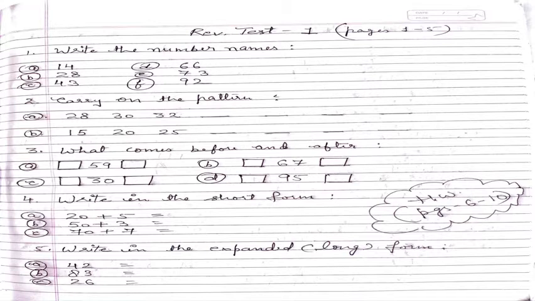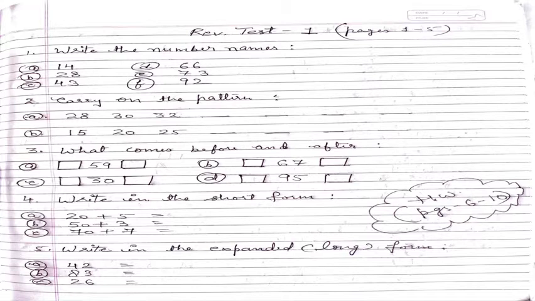Numbers are given and you have to write in words. Now second question is carry on the pattern. Here some numbers are given. You have to observe the pattern and then write the next 4 numbers following the same pattern.